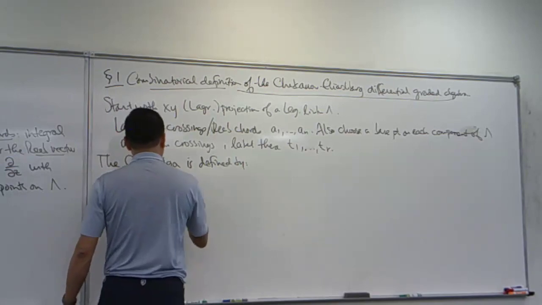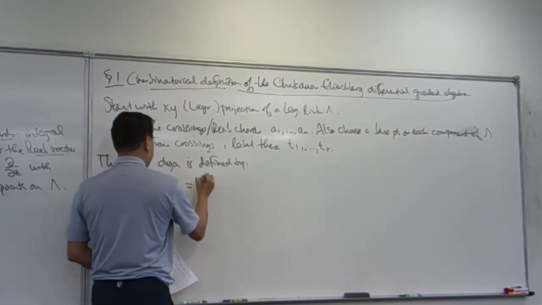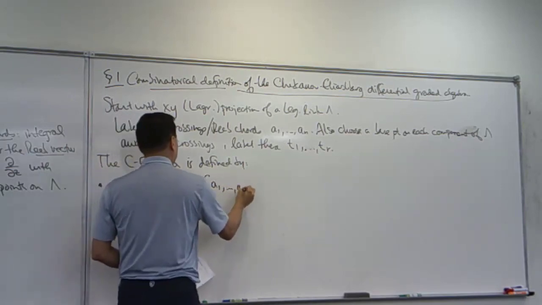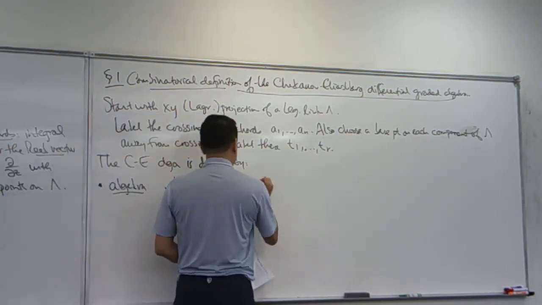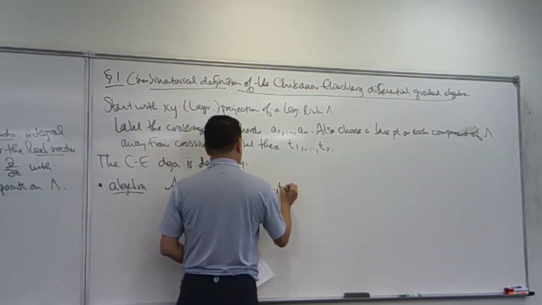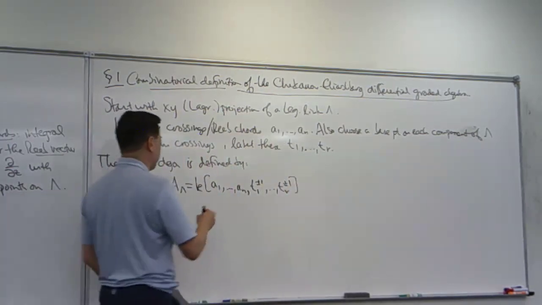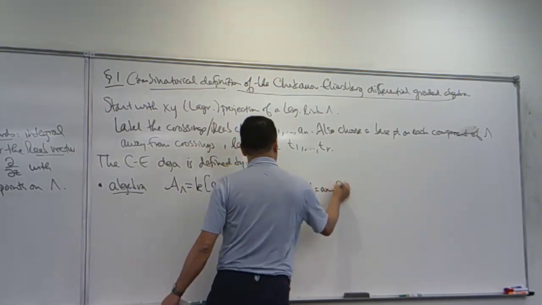So the algebra. This would upset the earlier version of me, who was a purist about these things, but I'm going to allow everything to commute with everything else. So this is just going to be a polynomial ring.